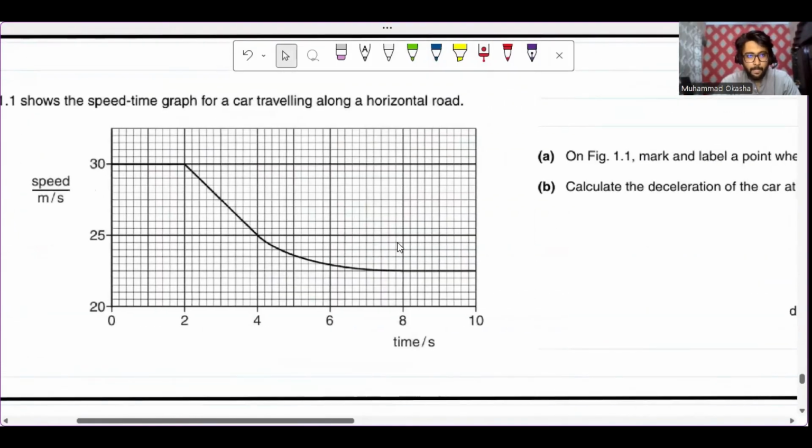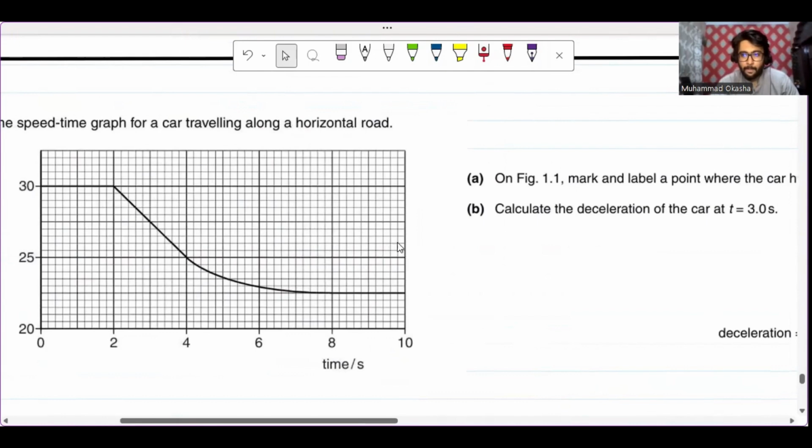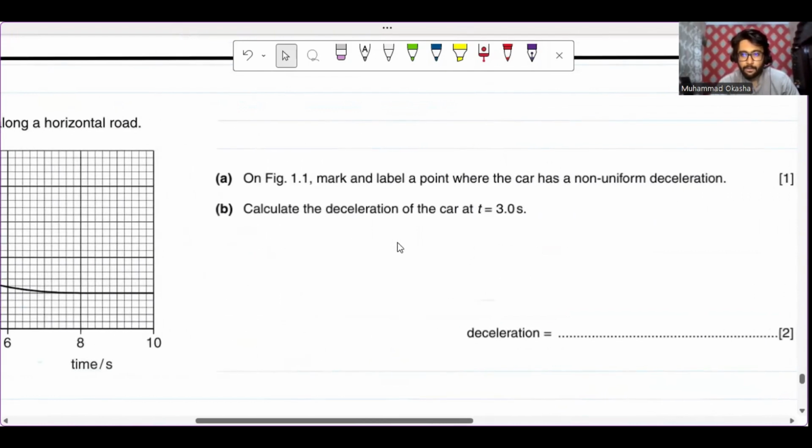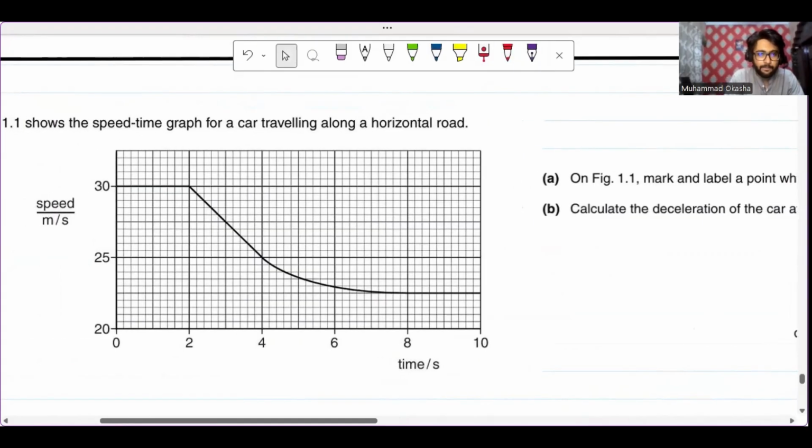Okay, let's move on to this one. It shows a speed time graph for a car traveling along a horizontal road. Mark and label a point where the car has non-uniform deceleration. Let's label the parts of the graph as point A, point B, point C, point D, and point E. This is a speed time graph, so between A and B it has a constant speed.